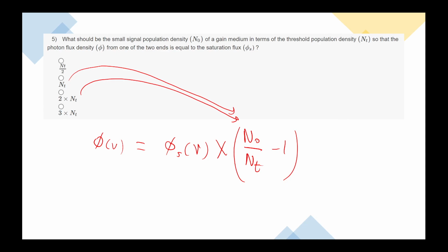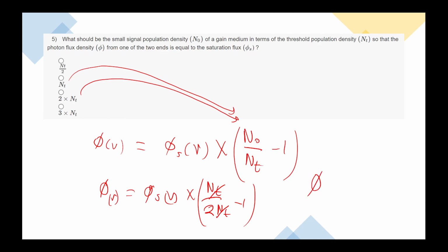So first I'll start from nt by 2. If I keep nt by 2 here, what will happen? It will cross like this, then minus 1 by 2 we will get, and that will be phi is equal to phi s, and that will be minus, sorry, I forgot here. That is not correct actually.